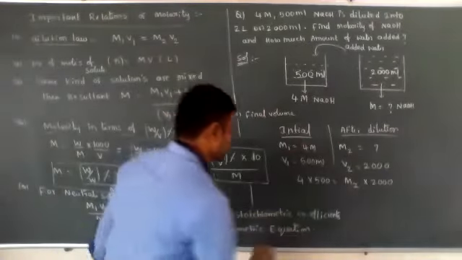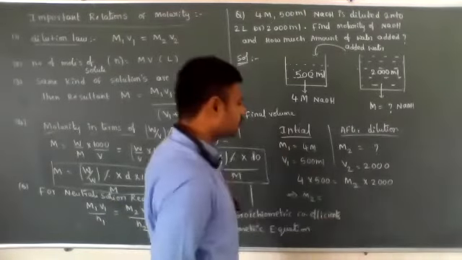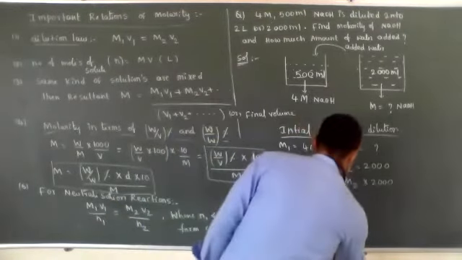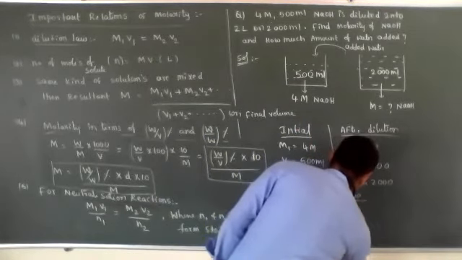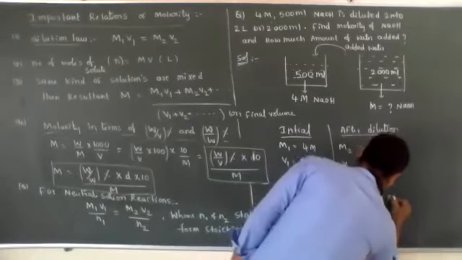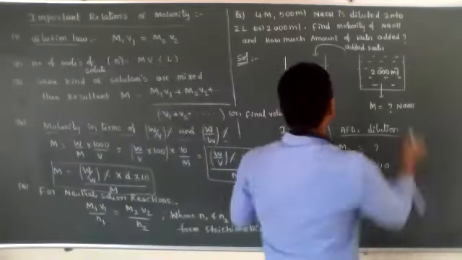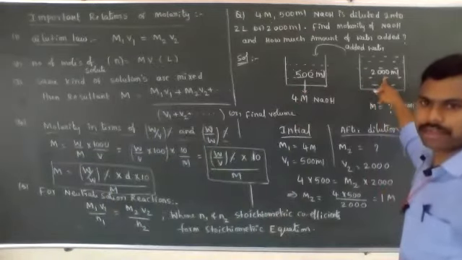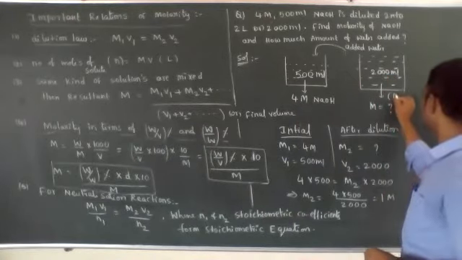Then M2 is equal to 4 into 500 by 2000. Then we get 1 molar. So after addition of some amount of water, the final volume becomes 2000 ml, and its concentration is equal to 1 molar.